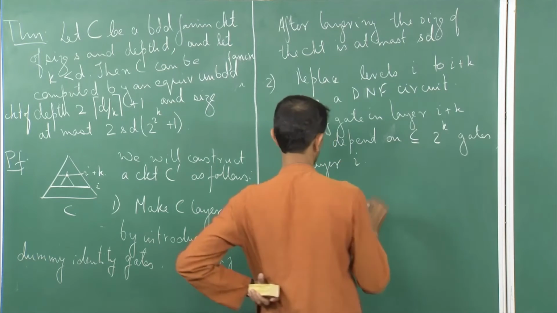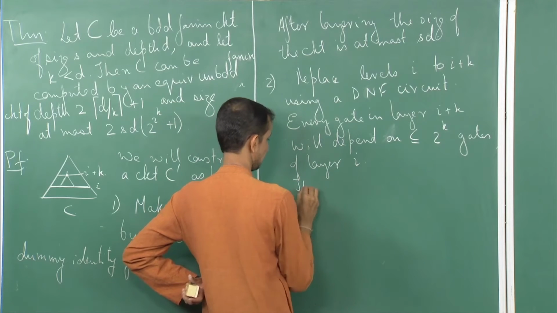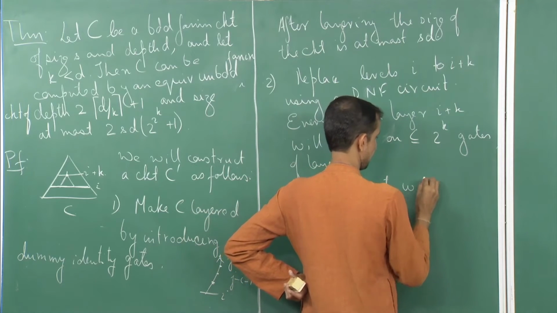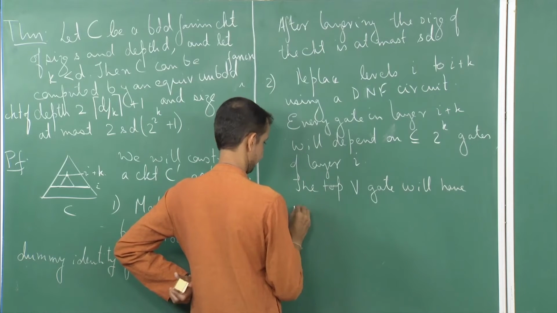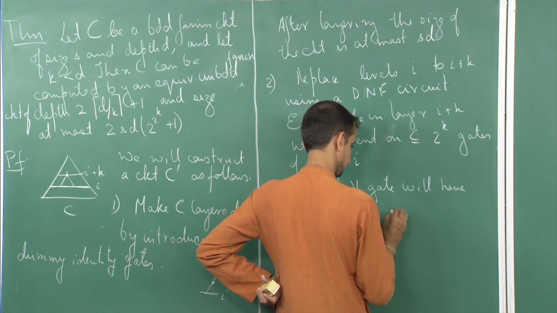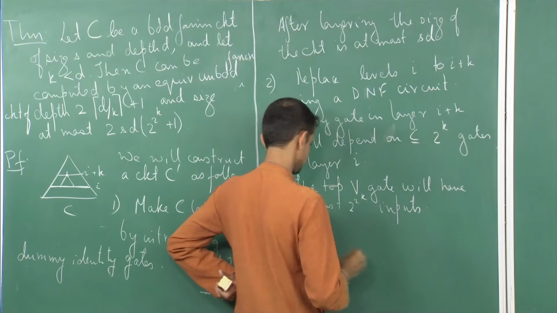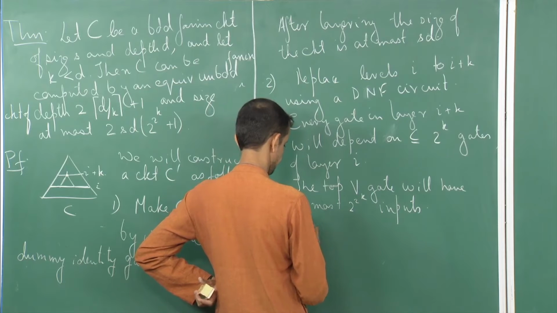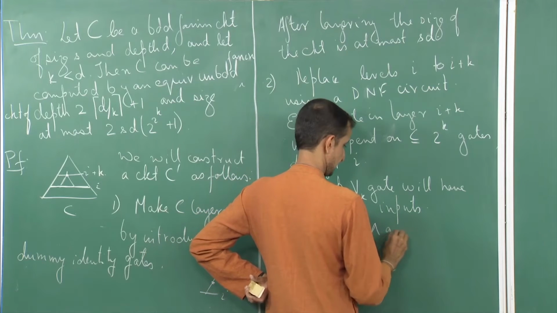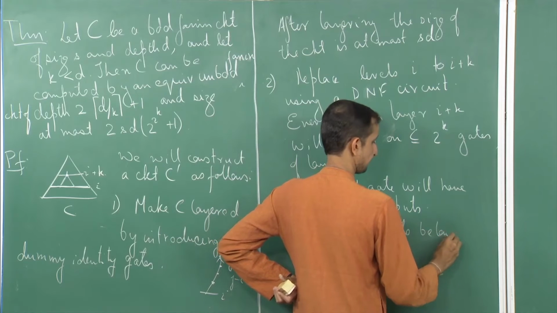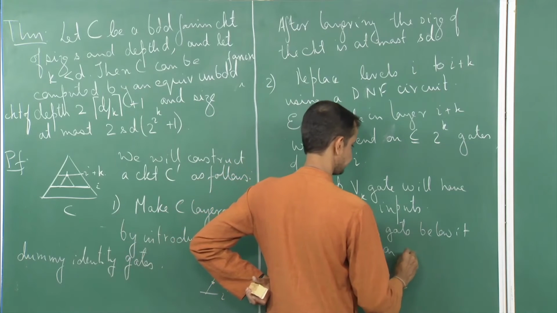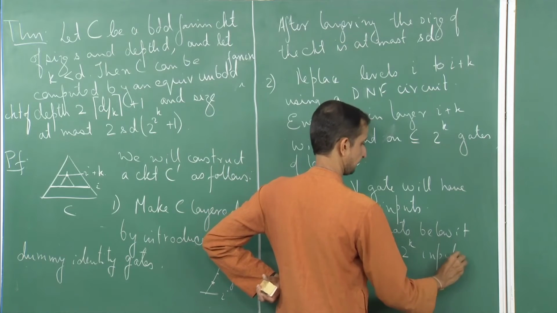So, essentially, okay, let me write this down. So, the top OR gate will have at most 2 to the power k inputs and every AND gate below it will depend on at most 2 to the power k inputs.